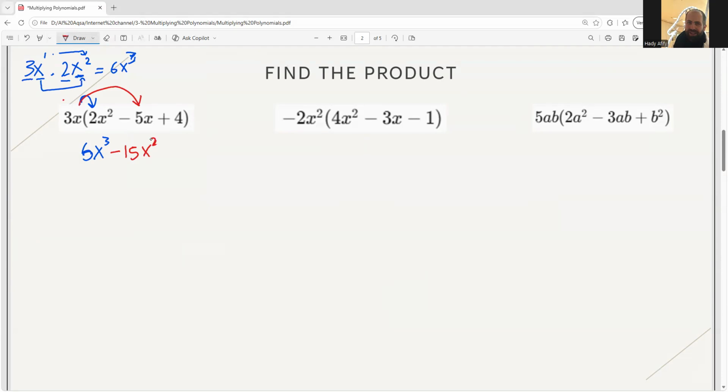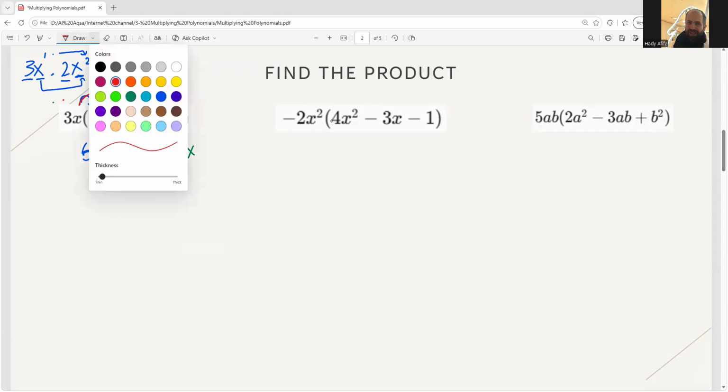Why x squared? Because I'm going to multiply x to the power of 1 by x to the power of 1. If you add 1 to 1, you'll get 2. And then, last but not least, I have 3x multiplied by 4. So 3x multiplied by 4 will be 12x. And this is actually the solution to the first question.